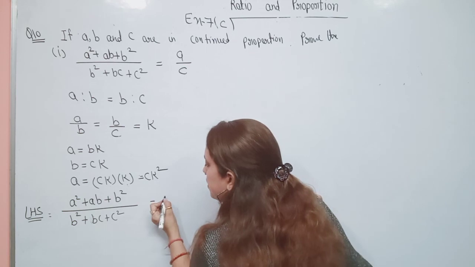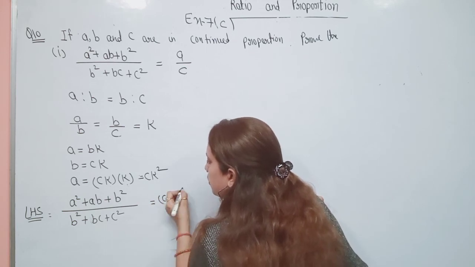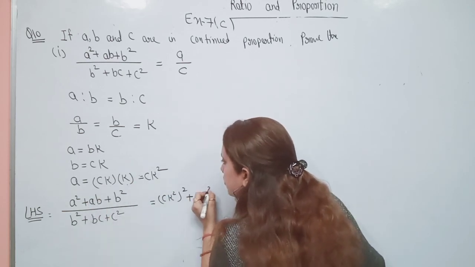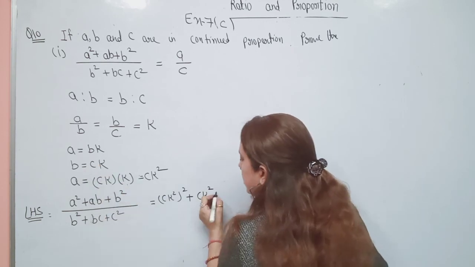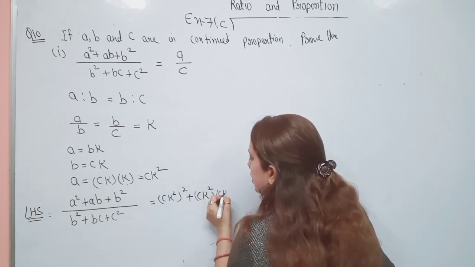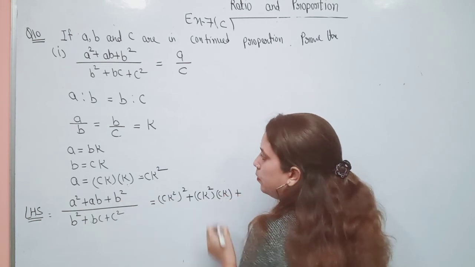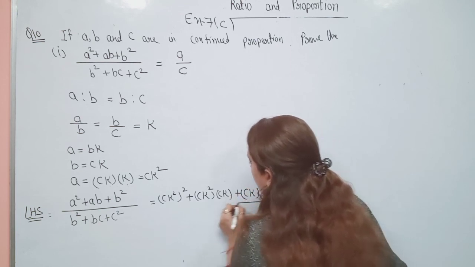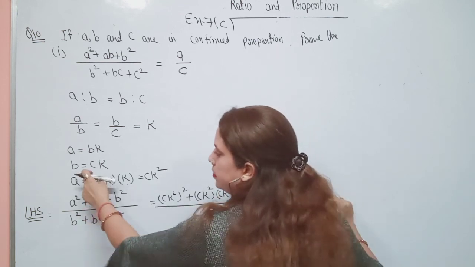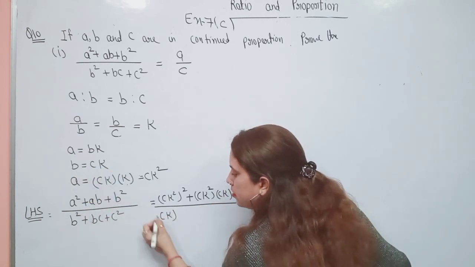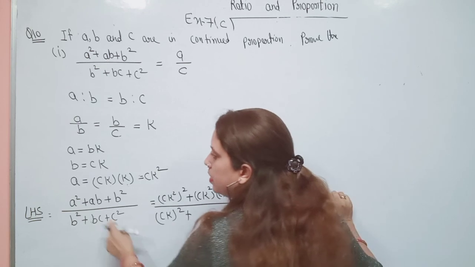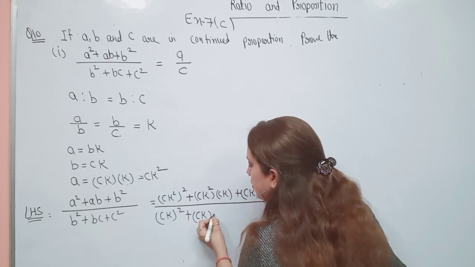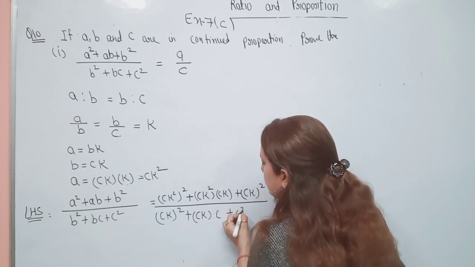So A square will be (CK square) square, plus AB, A is CK square into B, B is CK, plus B square. What is B? CK. So it will be (CK square) square upon, now B square, (CK) square, plus BC, B is CK and C will be the same, plus C square.